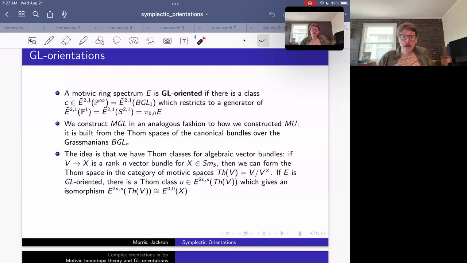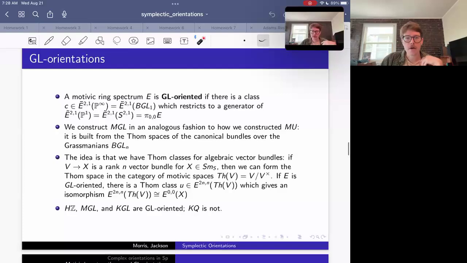And if I have a GL-oriented spectrum, then I have a Thom class in the (2n, n) cohomology of this Thom space, which gives the Thom isomorphism that I want. I'm probably missing a tilde over one of those E's, but you can fill in one of them if you want to. The idea is that we have a Thom isomorphism, and we can recover some of the cohomological facts that we'd had before.